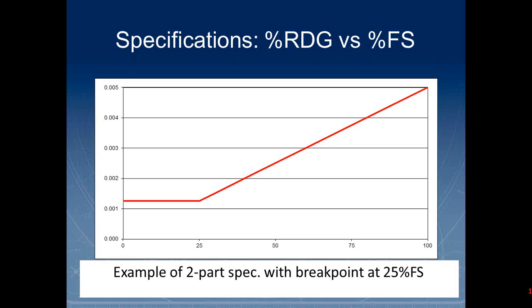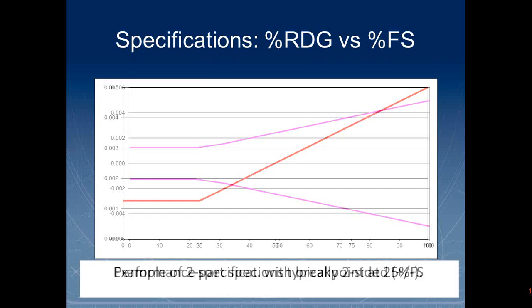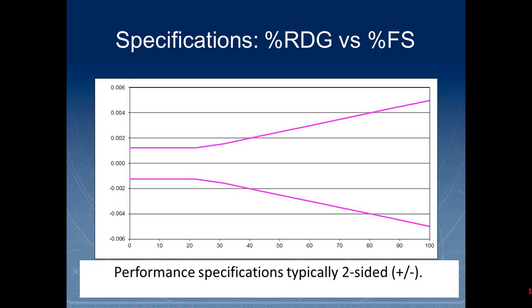All right, so this is a representation of a particular pressure indicator, 0.005% of reading from full scale down to 25%, and then it's a fixed contribution below that. And really, it's a plus or minus window, so you can imagine this funnel kind of shape balanced around 0, 0 being the optimum reading.